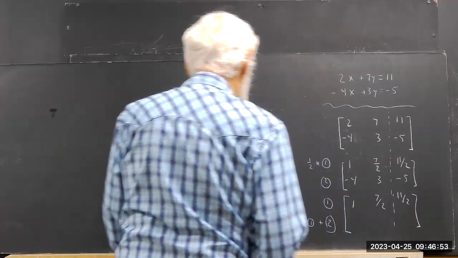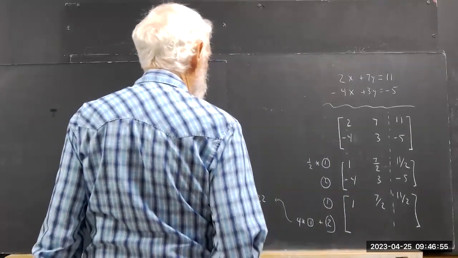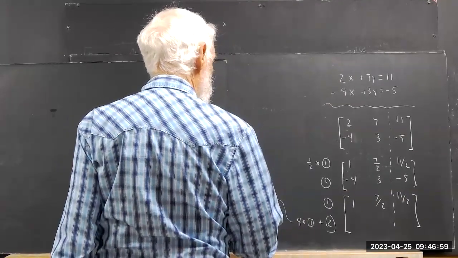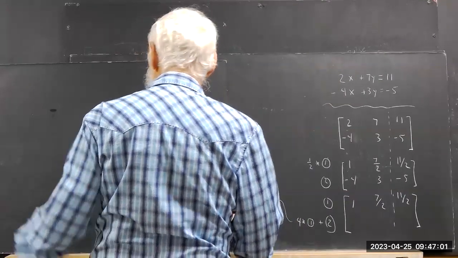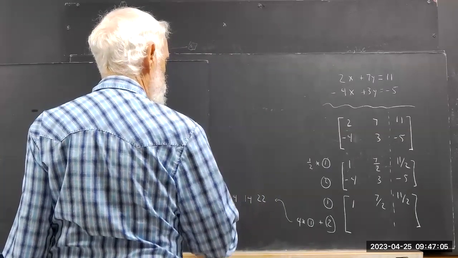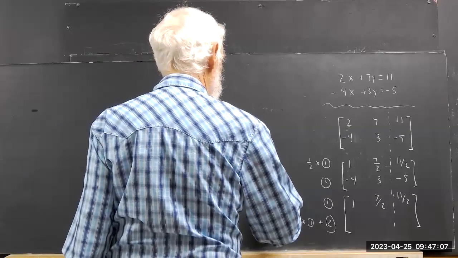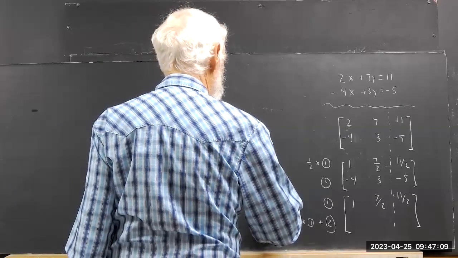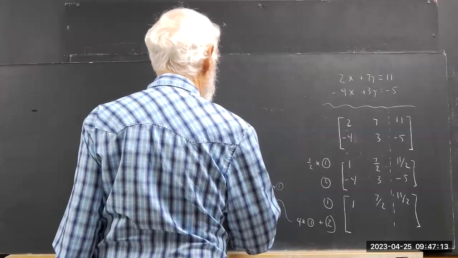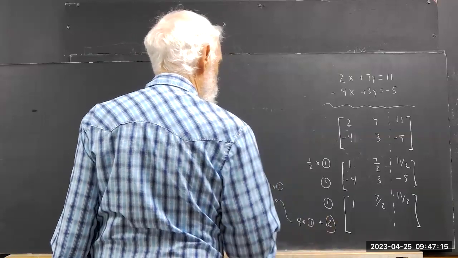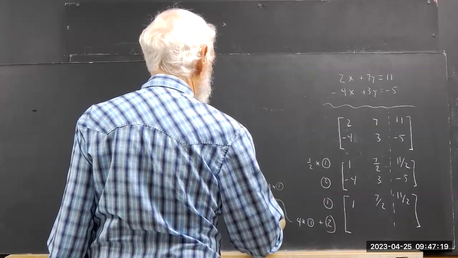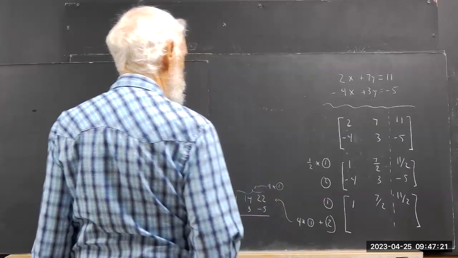So here's 4 times the first row plus the second row, which is -4, 3, -5.